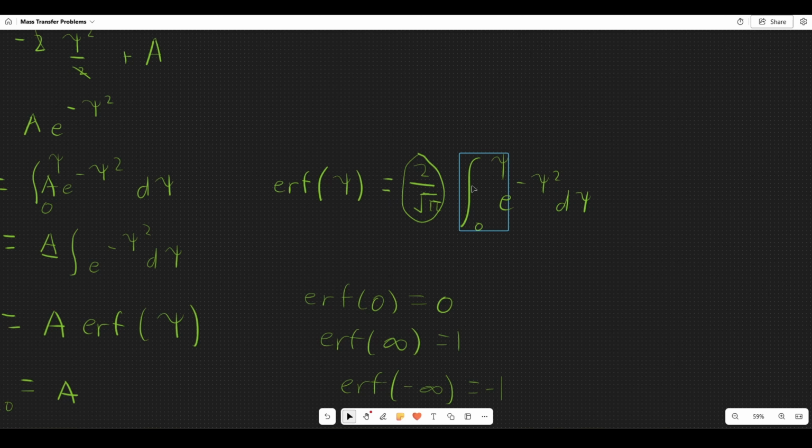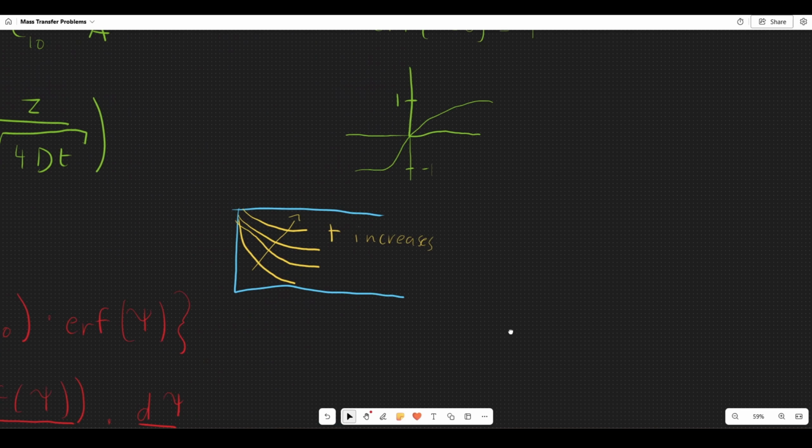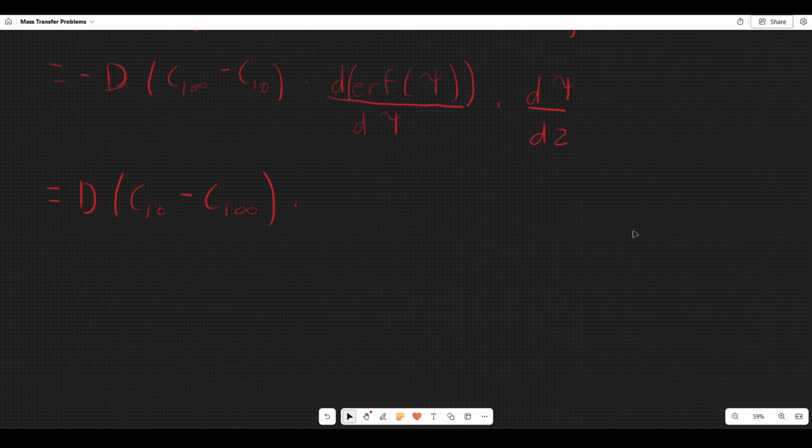So if I take the derivative of it, the integral goes away. And so what that means is that we have a 2 over root pi times e to the minus psi squared.